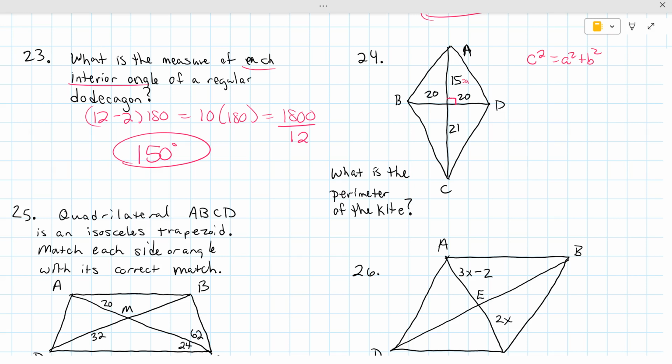If this is A and this is B, this is C. So C squared equals 15 squared plus 20 squared. C squared equals 225 plus 400. C squared equals 625. Take the square root. C equals 25.